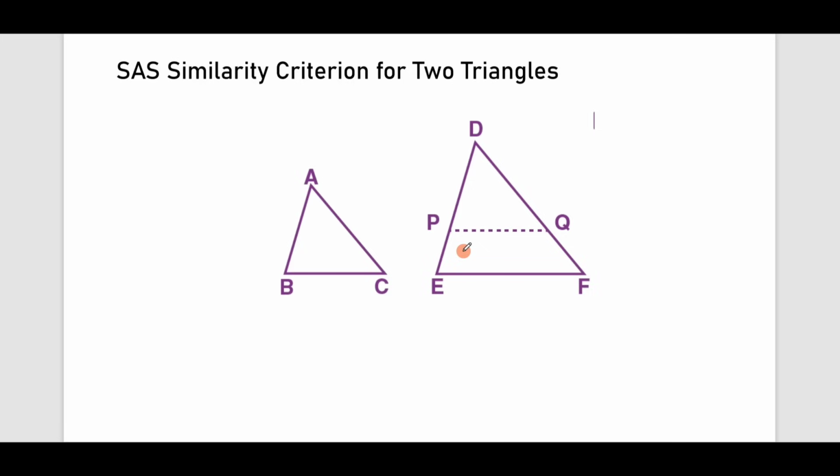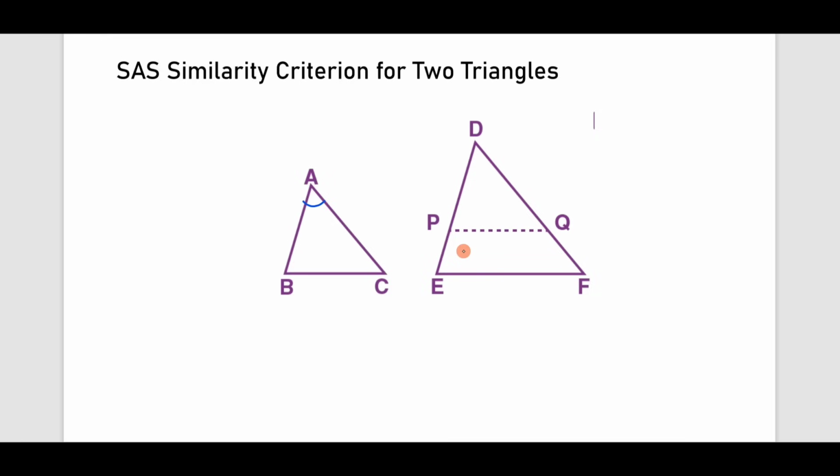If one angle of a triangle is equal to one angle of another triangle, and the two sides including that angle are in proportion, then the triangles are similar.